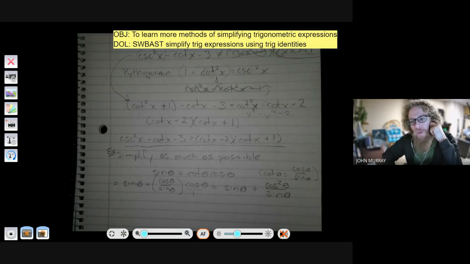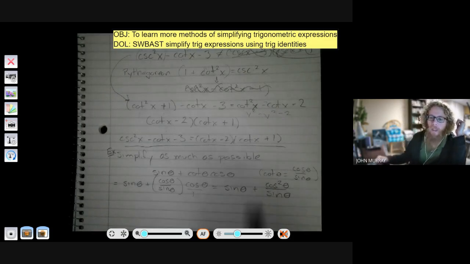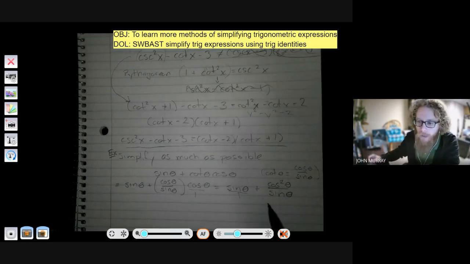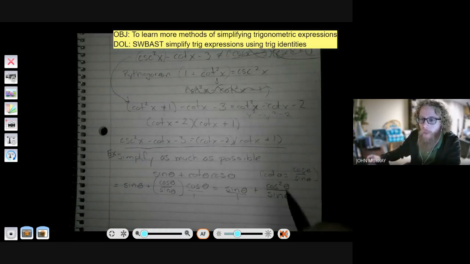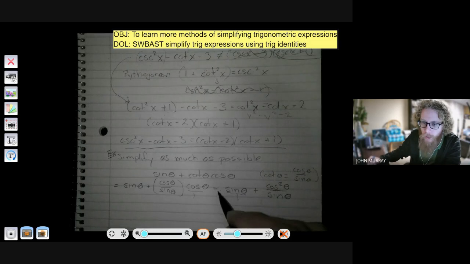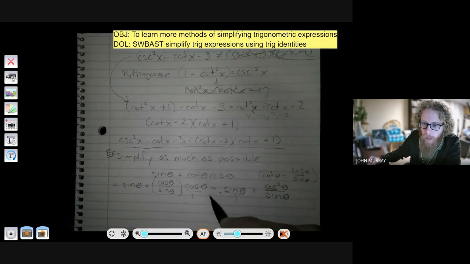So we are adding two terms together, and one of them is a fraction. What do we normally need when we're adding fractions together? We need a common denominator. So this one, I don't have to multiply anything, but this one, I'm going to multiply the top and bottom by sine.